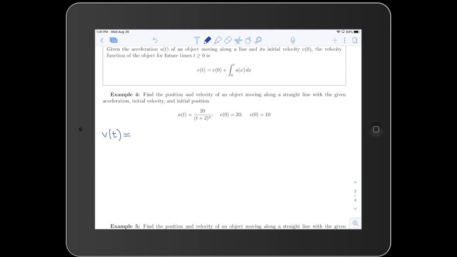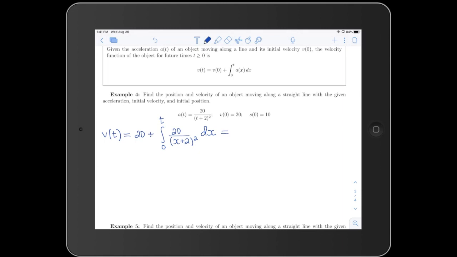Okay, I'm going to use this formula here, v of 0 plus the integral. Okay, so v of 0 is 20 plus the integral. We go from 0 to t. Now you write your function with dummy variables. So this is 20 over x plus 2 squared dx.